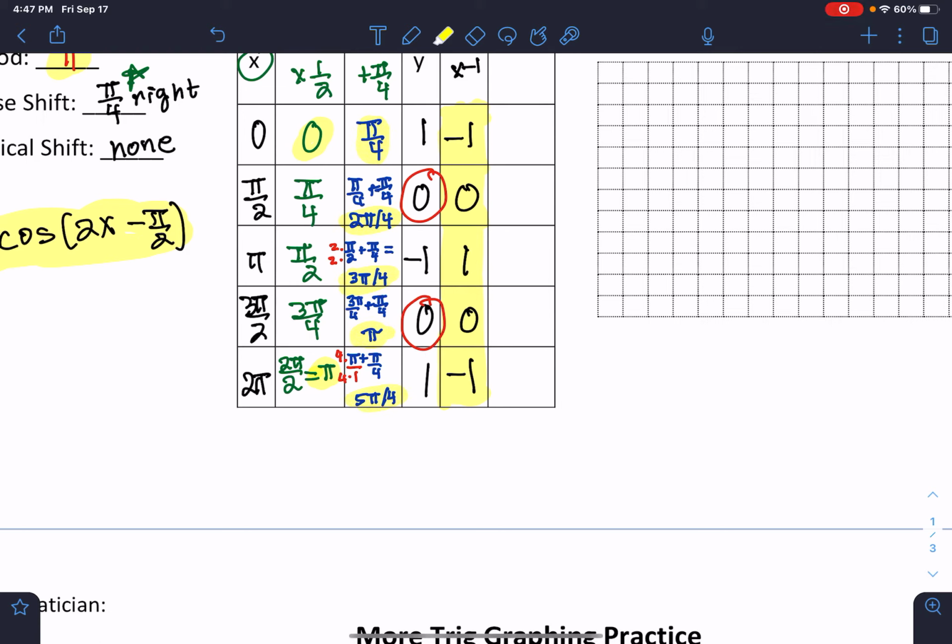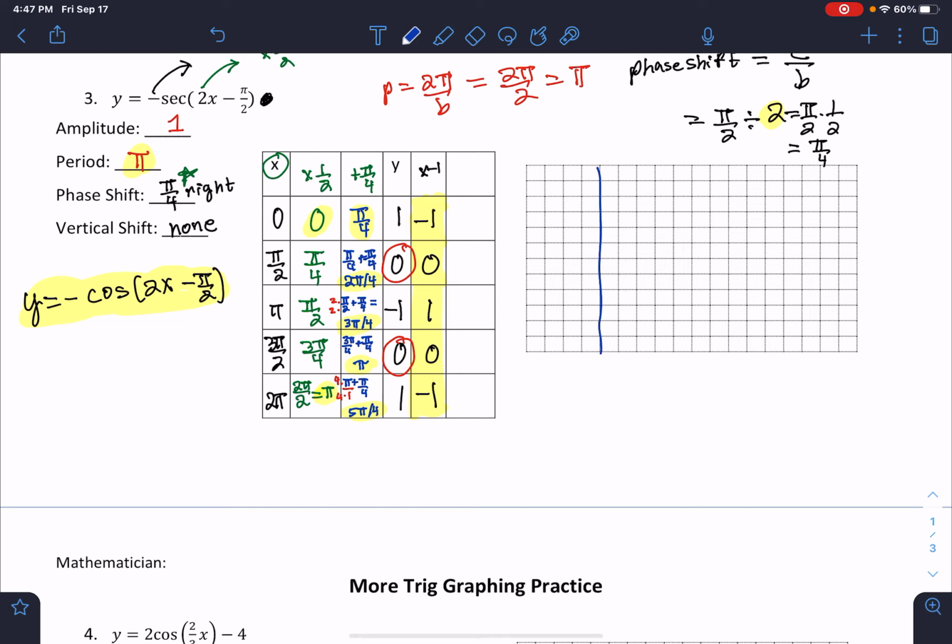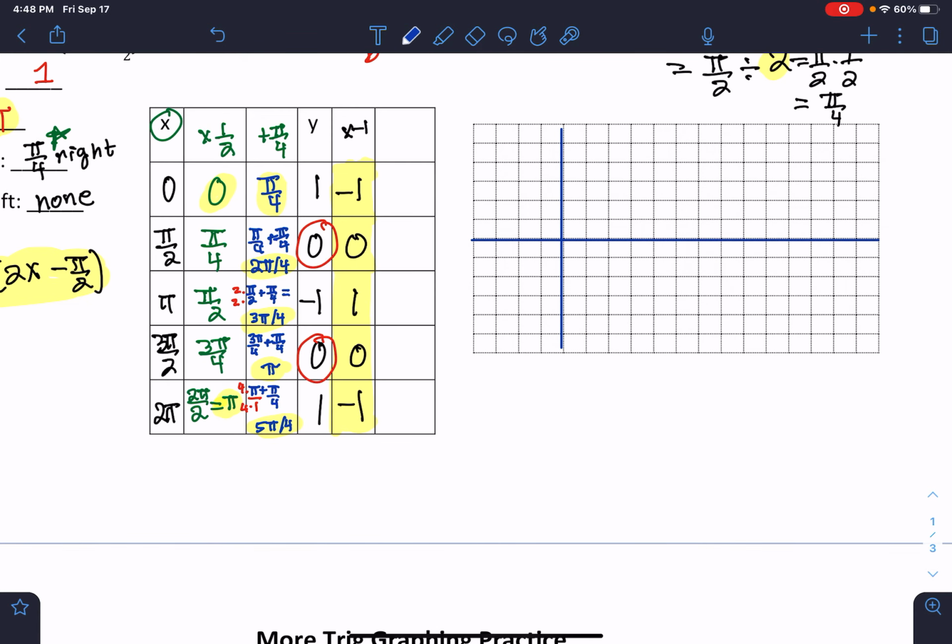So now I'm going to go over here and draw my graph. And now I have to make a decision on what I want to count by.